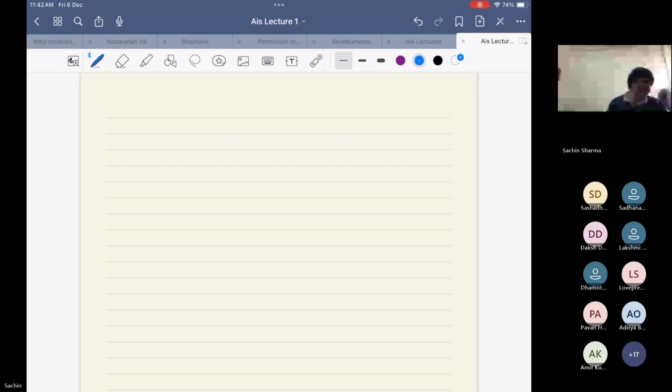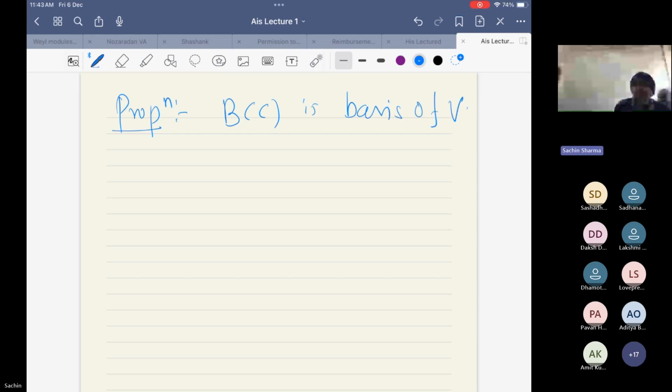Now, what is the importance of that? The following proposition best tells you the importance of these things. B of C is indeed a basis of V. Note that we have started with these things.